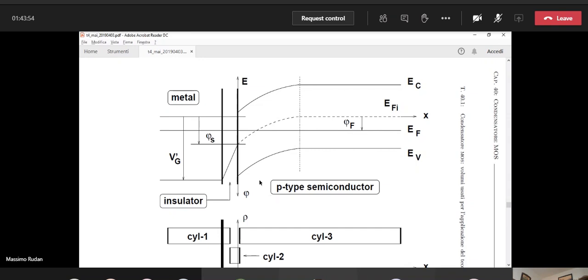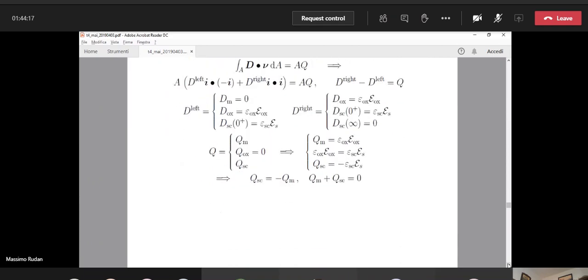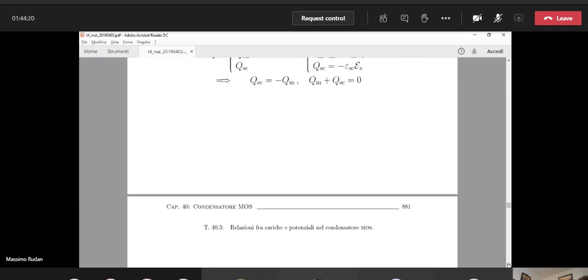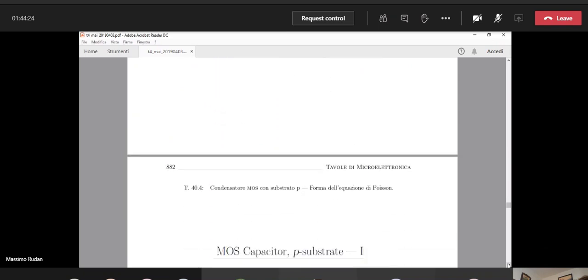Also, when you apply a positive voltage, it means that the field at the surface will go from left to right. So it will be positive. Conclusion, when the surface field is positive, the charge in the semiconductor is negative. Of course, when the electric field is zero, the surface potential and the surface charge are zero.